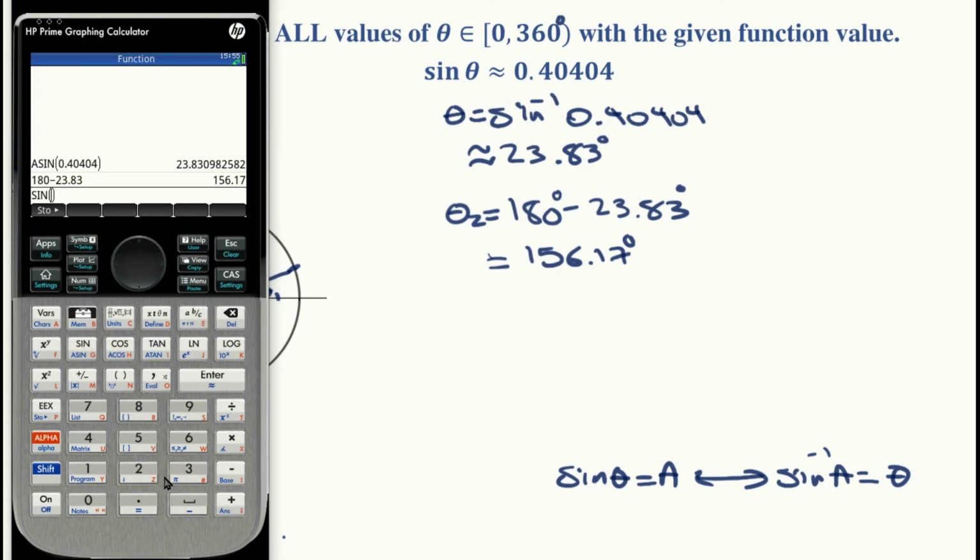So sine of 23.83. Now, do I expect to get exactly this number when I punch it in? Of course not, because I know there's rounding involved, right? But I do expect to be close to it. And notice we are extremely close to it, okay? So let's go ahead and check 156.17 degrees as well. And of course, we get exactly the same sine, right?